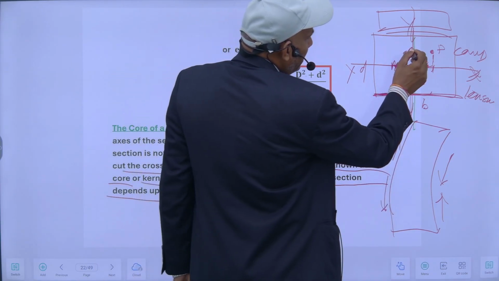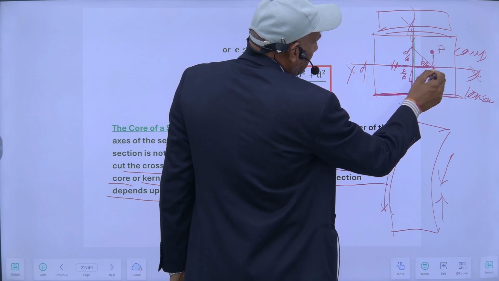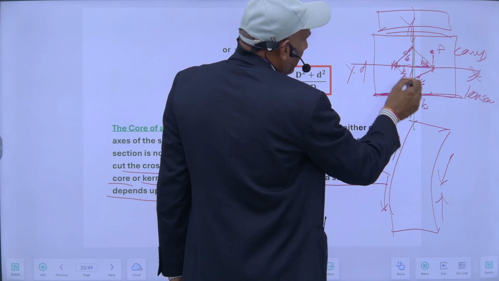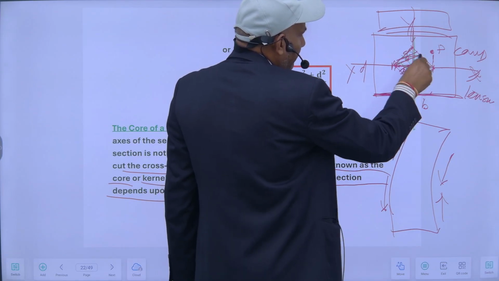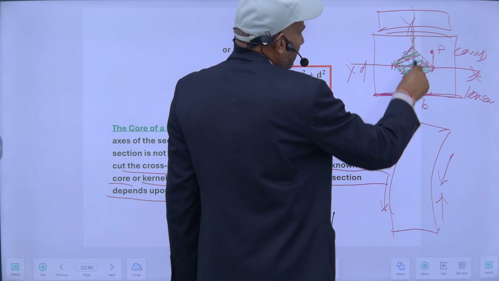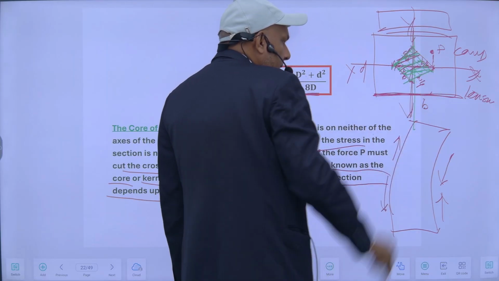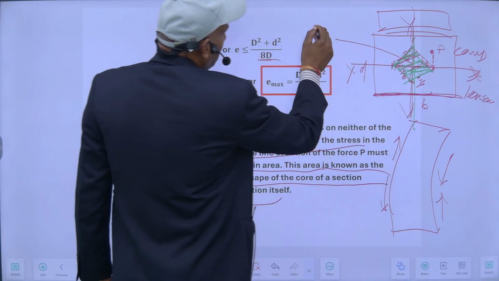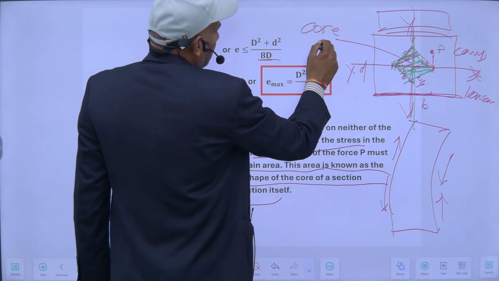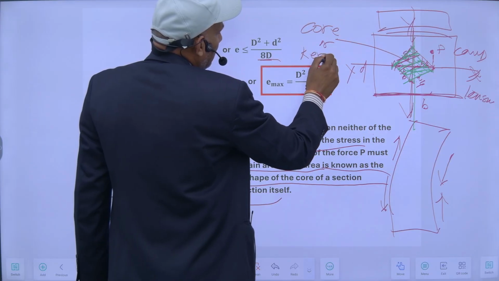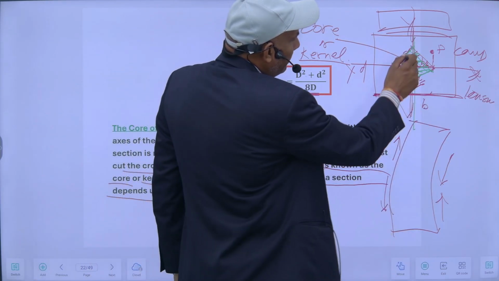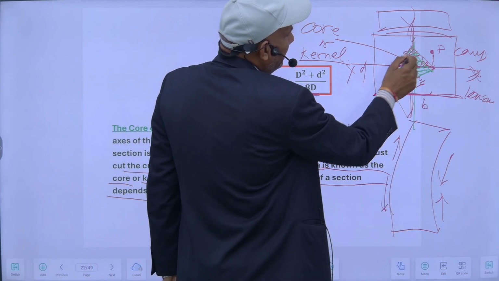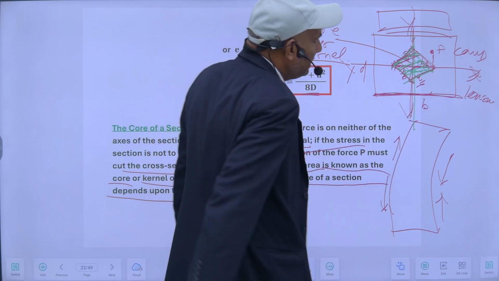If I join all these points, it will become a rhombus. So we can say this is a rhombus and we call it the core or kernel of the section. When my loading is within this area, no tension will be developed.